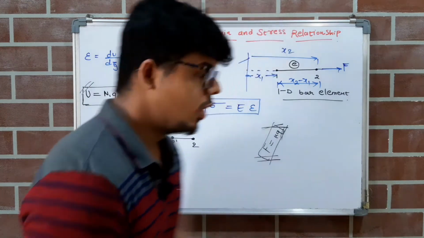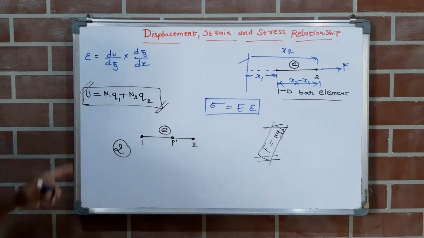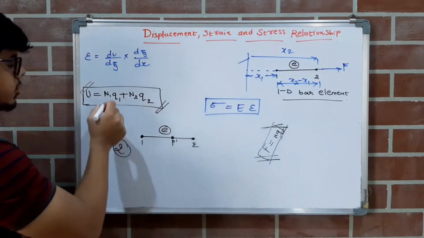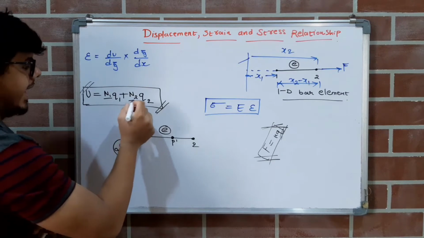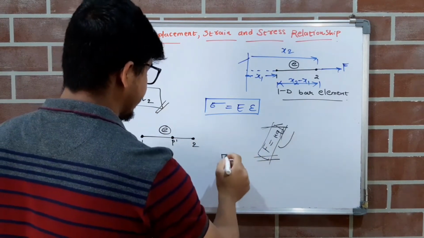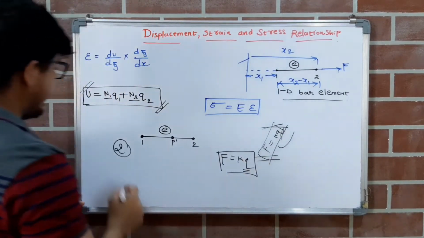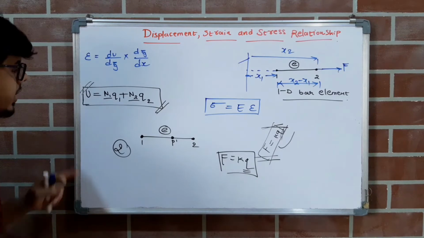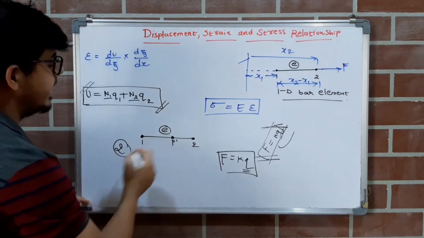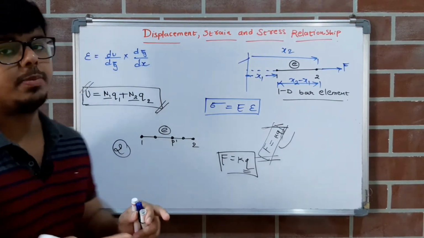We have a formula, by which we can find the displacement at any point, provided you have the values of n1, n2, and q1 and q2, which can be calculated from F equals kq. So you will have q and you will have n1 and n2, then you can easily find u. This is the formula by which you can find the displacement at any point inside this element without considering that point as a node.